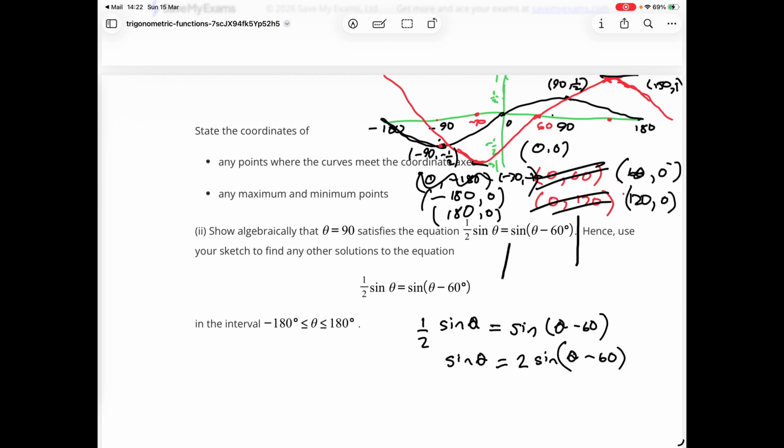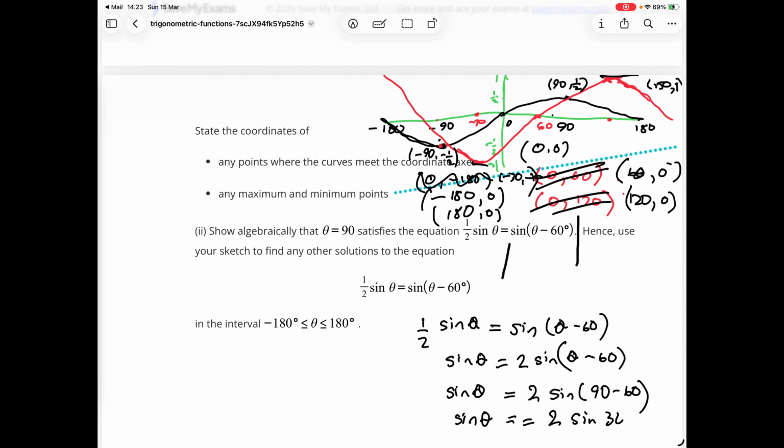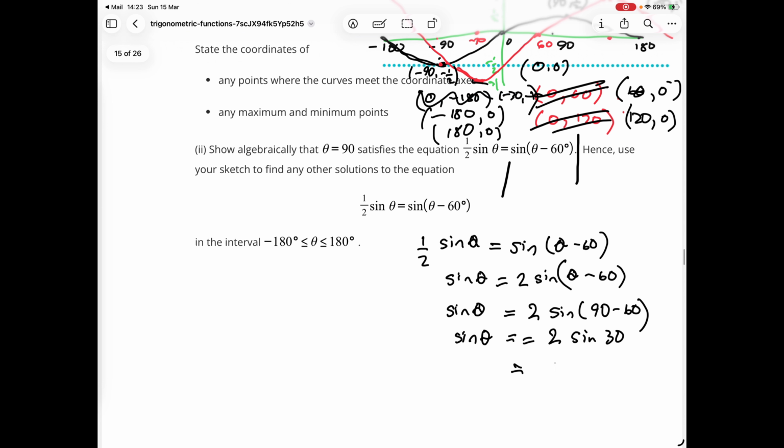So we know that it crosses at half at 90, and that's because if we put in theta equals 90, then sine of 90 minus 60 is sine 30, which is half, so sine theta equals 2 sine of 30, and 2 sine of 30 equals 1. So sine of theta equals 1. There we go. Which is also when 90 equals that.